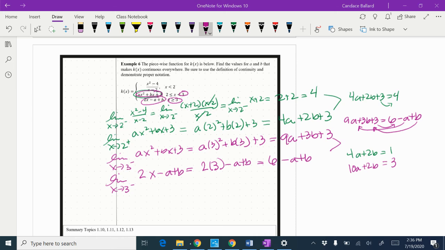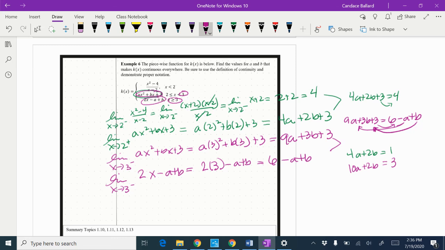Oh, I was adding A over here, or adding B over here. Something went wrong somewhere. Plus B. No, I should be subtracting. Did I write this down wrong? It should have been a negative 3B. And I wrote it wrong somewhere.